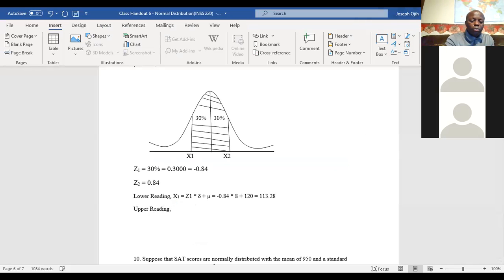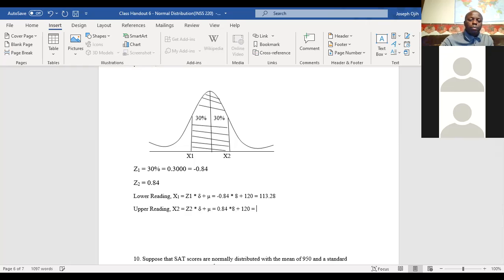will be X2, which is the same thing, except this time it's with the positive number times standard deviation plus the mean. So in this case, it's positive 0.84 times 8 plus 120.